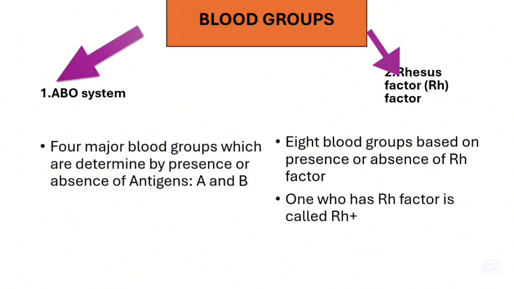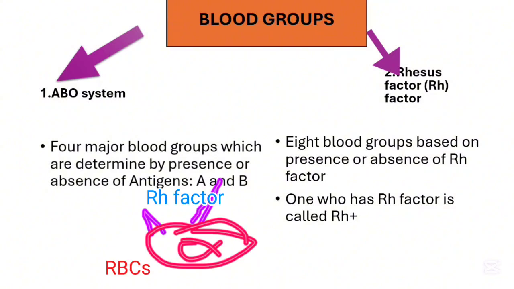One who has RH factor is called RH positive. RH factor is a protein found on the membrane or the surface of the red blood cells. Example, if you have blood group A and your blood has RH factor on the surface, then your blood group is A positive.